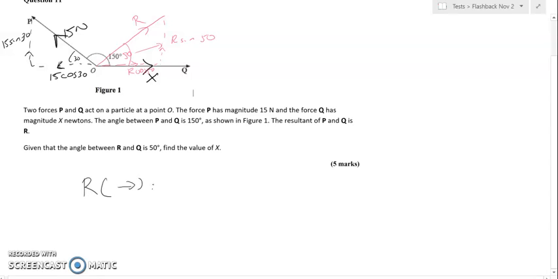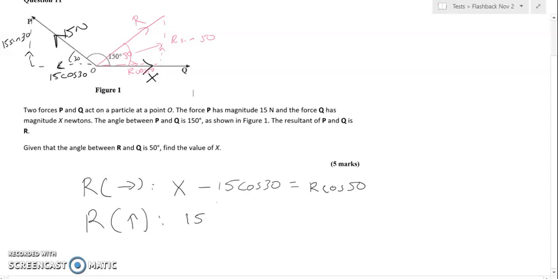Right, so if we resolve horizontally, now horizontally we've got x, we've got minus 15 cos 30, and we know that that nets to R cos 50. So we've got two unknowns, R and x, in this equation. Now if we resolve vertically, and we look at upwards as being positive, remember the two forces P and Q net together to give you R. So Q doesn't have a vertical component.